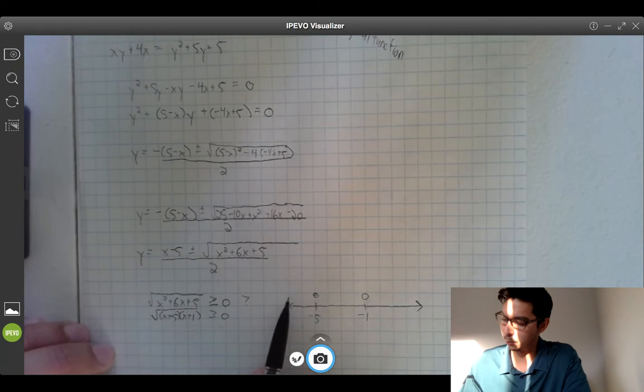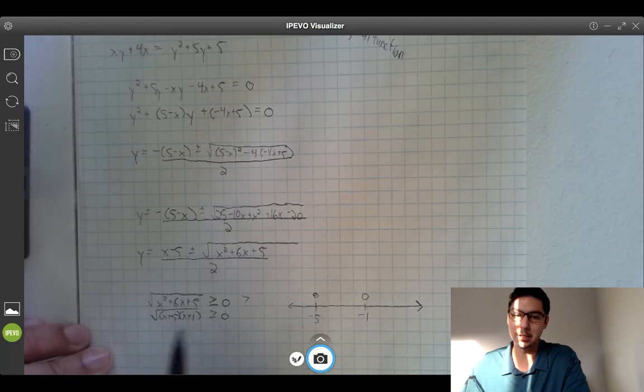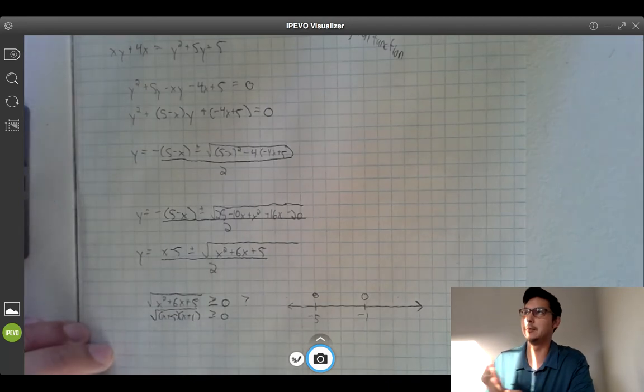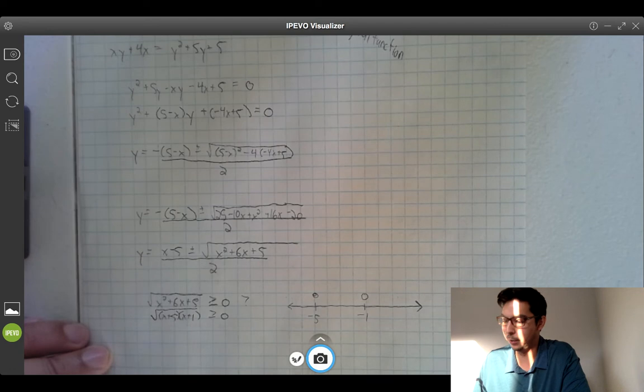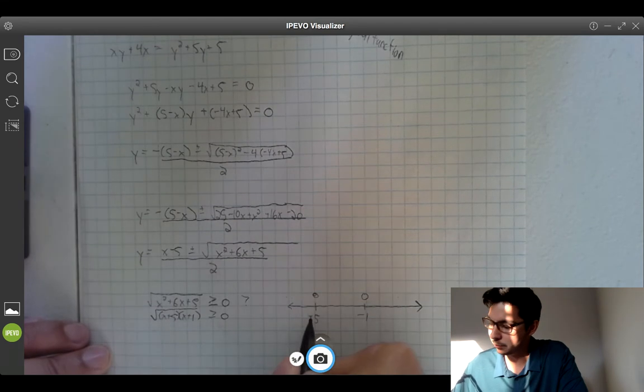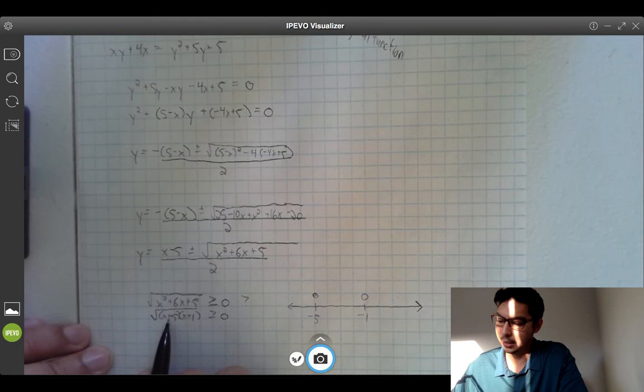We're going to check the intervals on the outside, the middle, and the other outside, and see whether there are possible x values we can plug into this equation that would be part of the domain. If you had a number less than negative 5, say negative 10, that would make one factor negative and the other negative, and a negative times a negative is a positive, so that's possible.